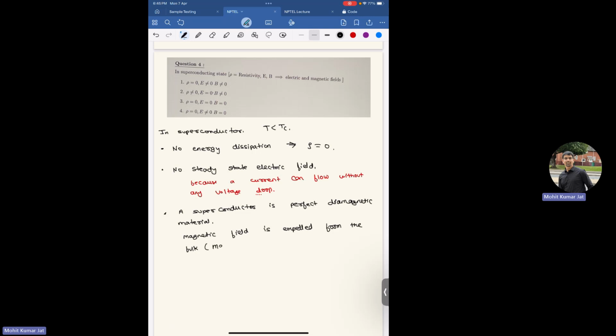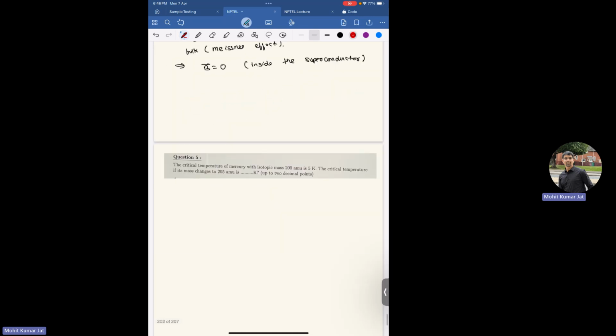And we know that this is Meissner effect. It implies B is equals to 0 inside the superconductor. Therefore, the correct option here is option number 3.